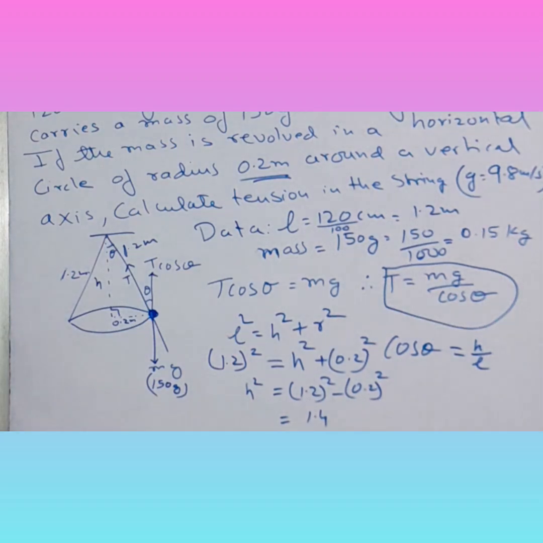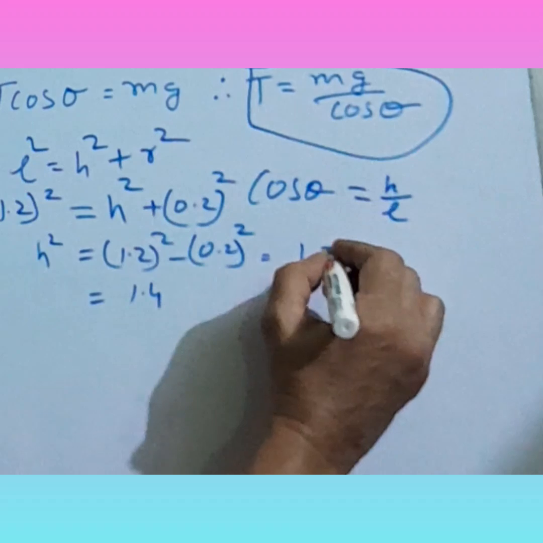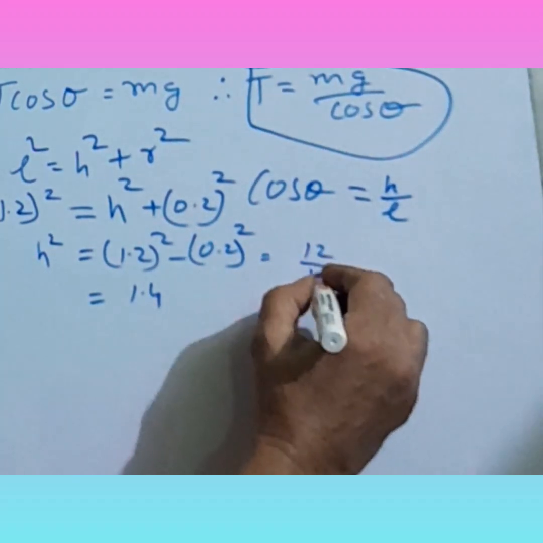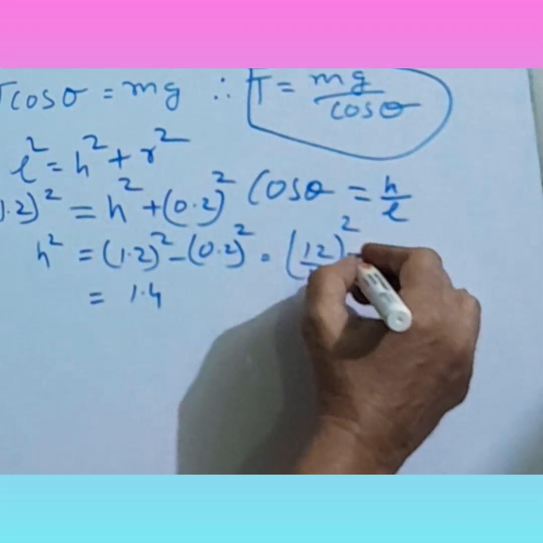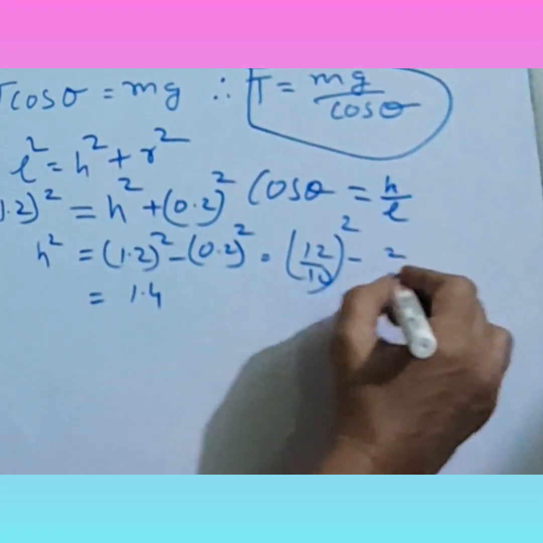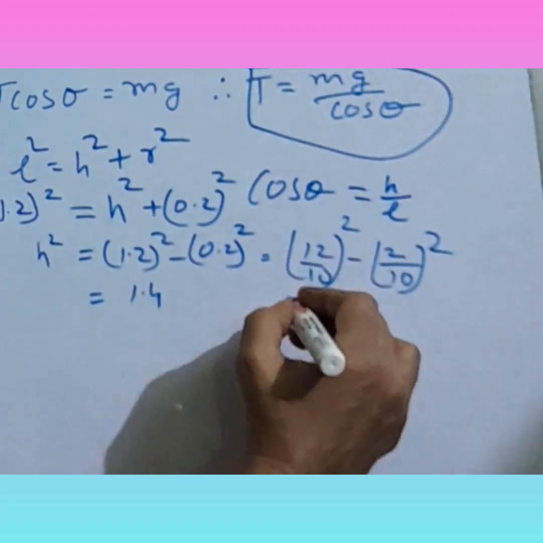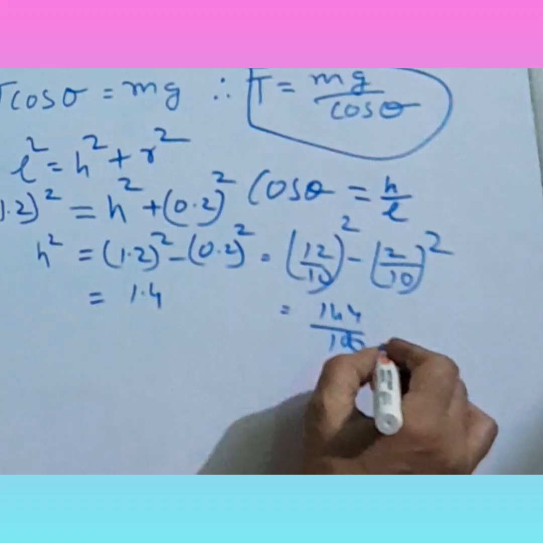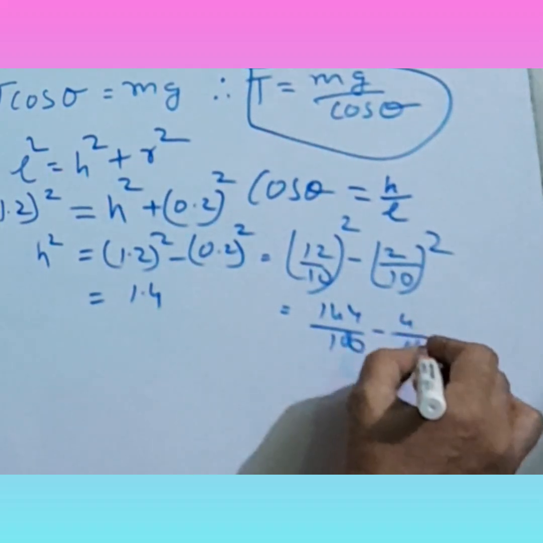Now see, an easier way to do this: 1.2, I convert it into 12 upon 10 square, and this also, minus 2 upon 10 square. So this becomes 144 upon 100 minus 4 upon 100.